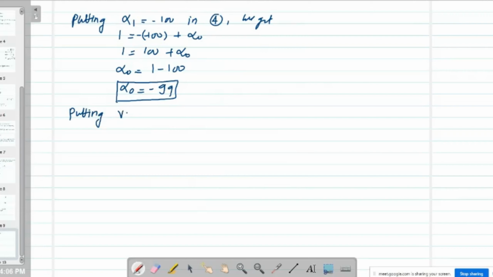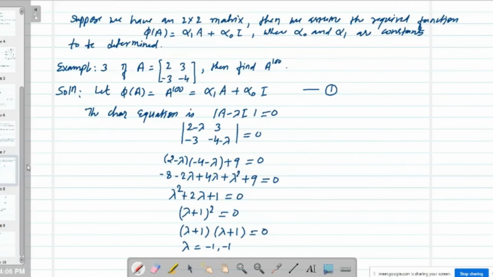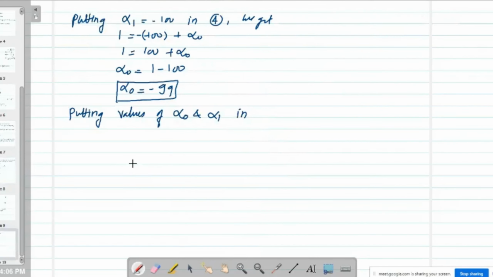Now putting the values of alpha naught and alpha 1 in equation number 1, we get phi of A equal to A to the power 100, and this equals alpha 1 A plus alpha naught I. How much did we obtain for alpha 1?